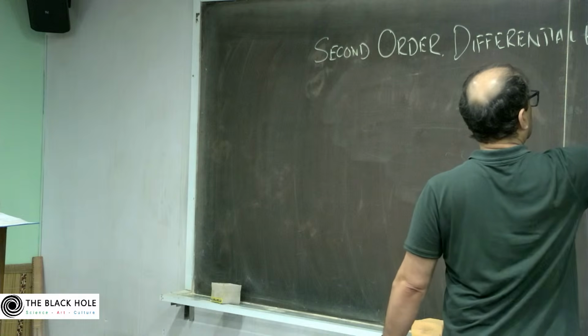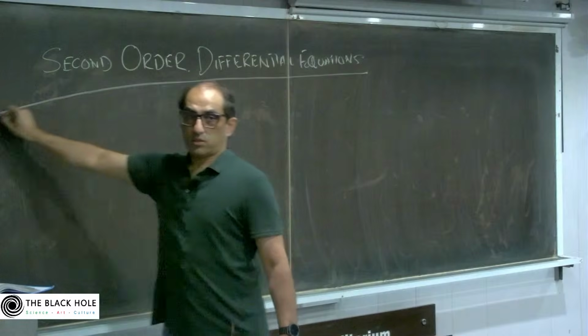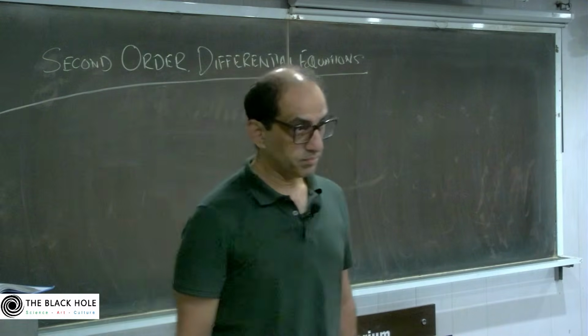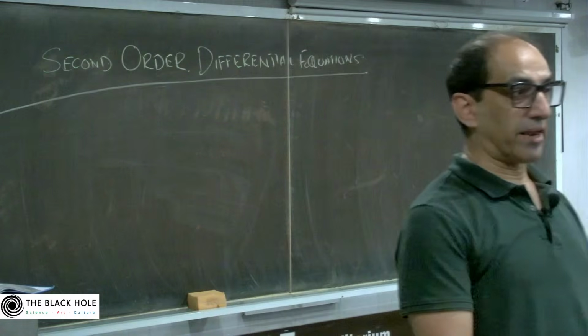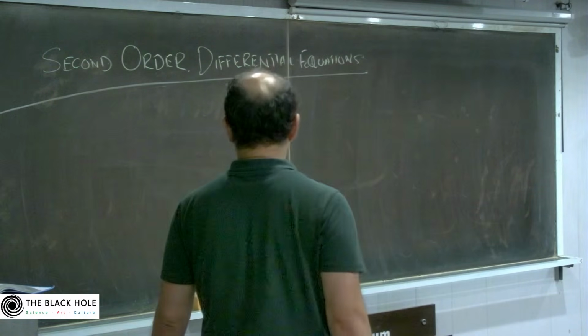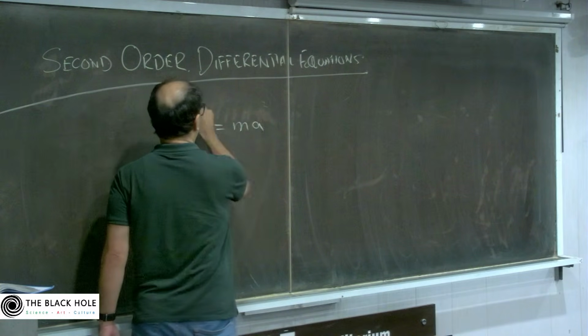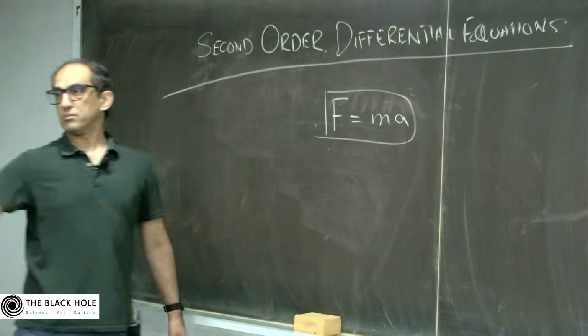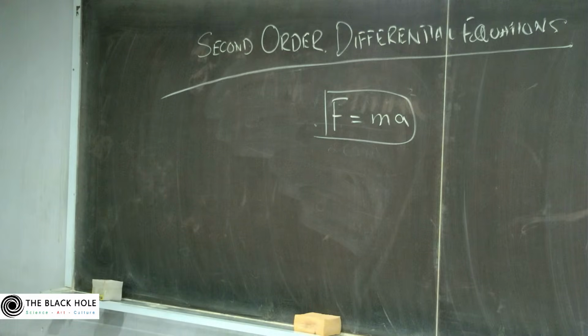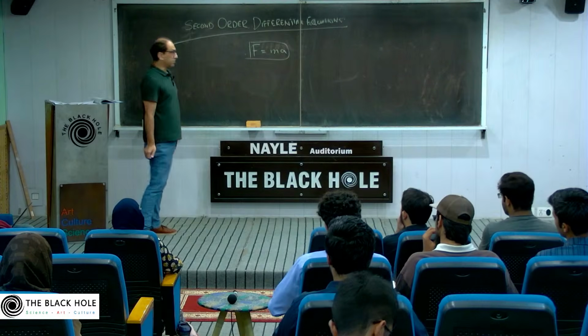So most of the physical world around us, the macroscopic world around us, is governed by Newton's second law, right? And I told you that he had to invent calculus as well.